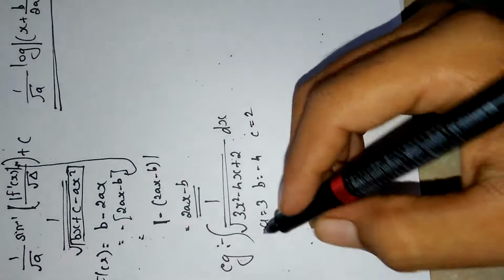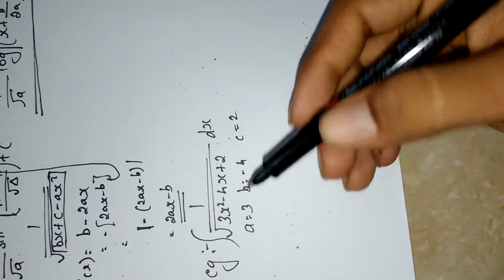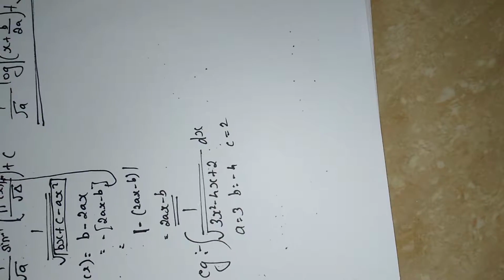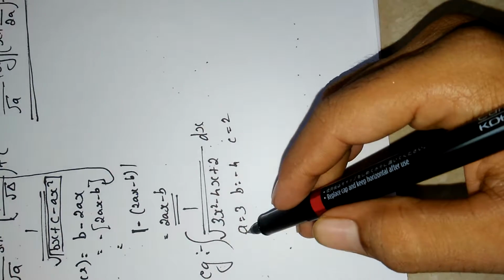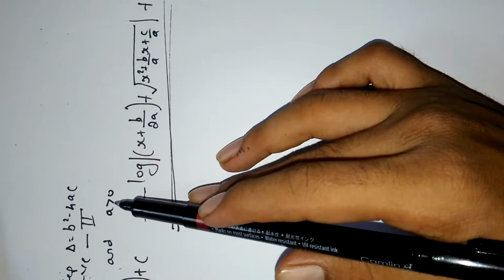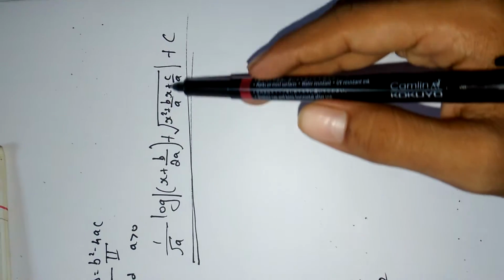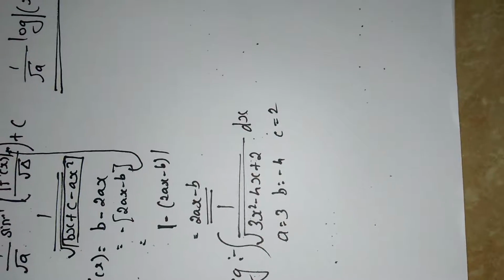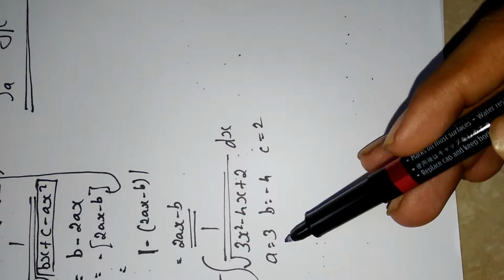Our first step is to find the value of theta, but as I said, if the value of a is greater than 0, we do not have to find the value of theta, because in this equation the value of a is greater than 0. We are skipping step 1. Now step 2 is to check the value of a. Our value of a is positive 3.